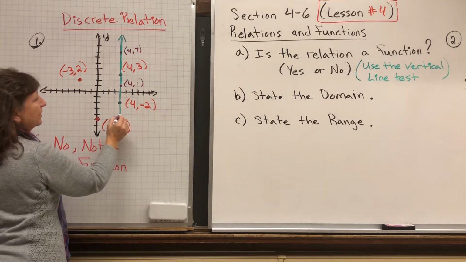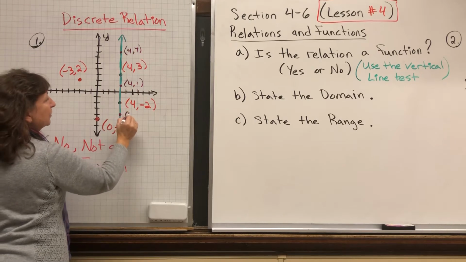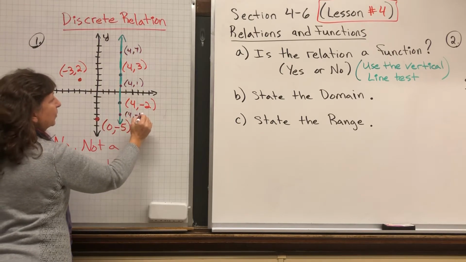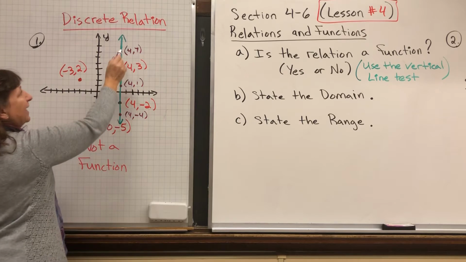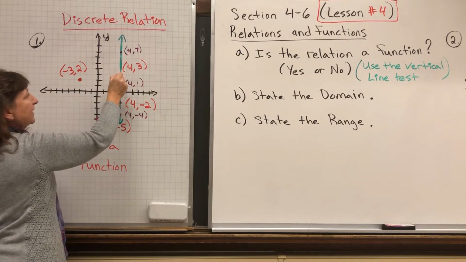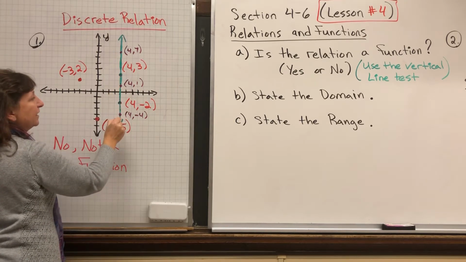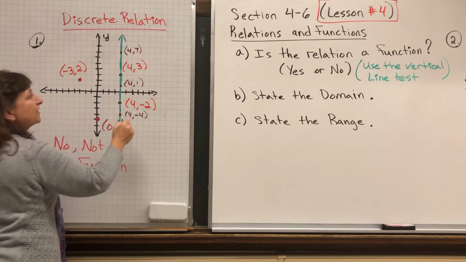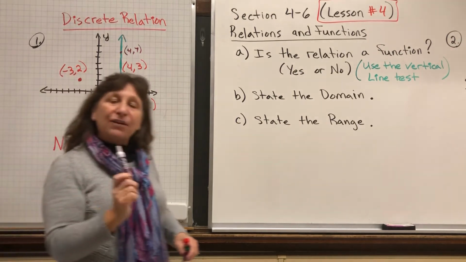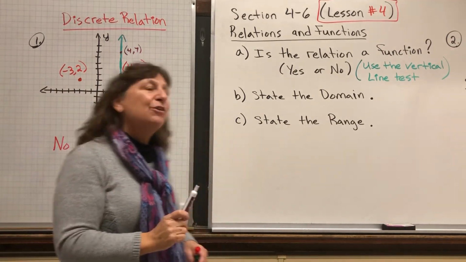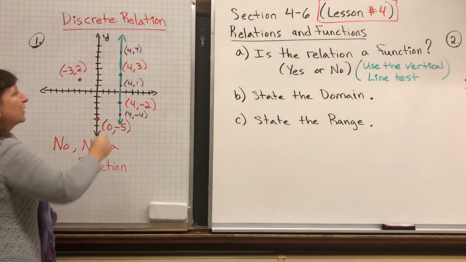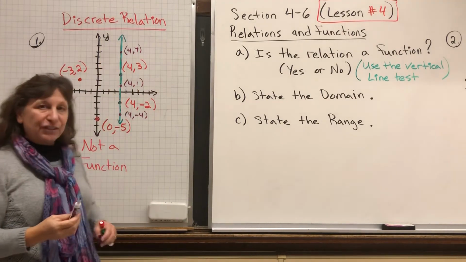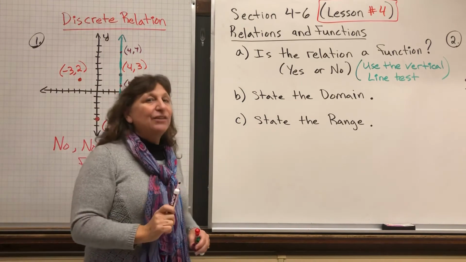And if I want to put another point down here, this would be 4, negative 4. So notice that every single point that's on that vertical line shares the same x value. When we get into chapter 5, we're going to determine that this is the equation x is equal to 4, and every single point on that vertical line has an x value of 4.